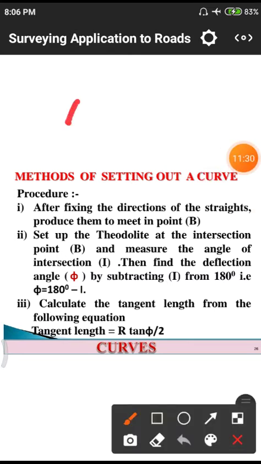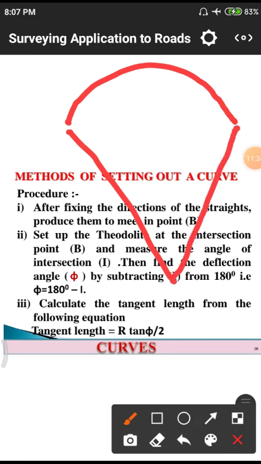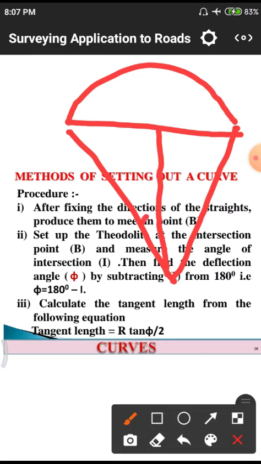This is the normal curve, and these two are the radii. Here is phi, with points A and B. By using those two points, we calculate this phi value. Here it is phi by 2.